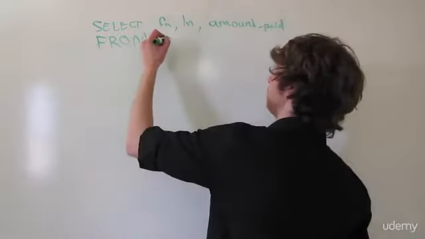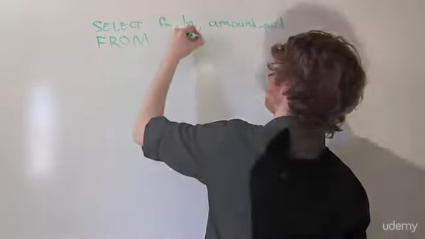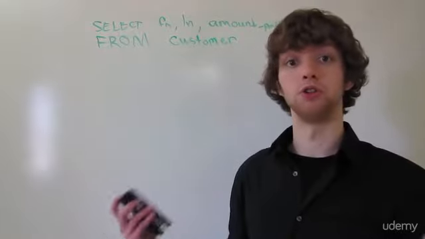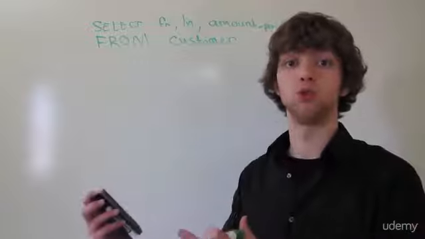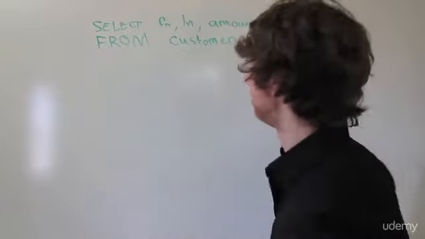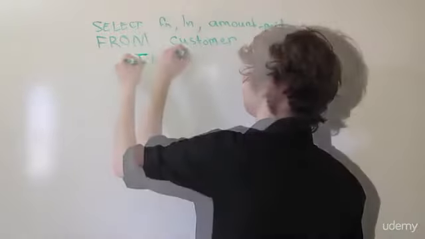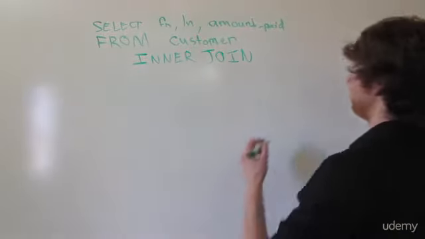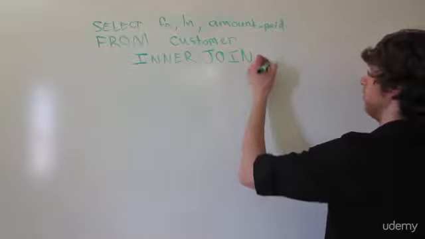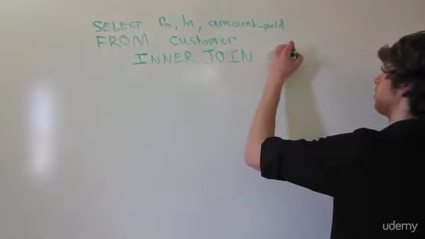So we're going to put from customer. And then you're going to do a join, and join the other table to the customer. So we're going to say inner join, and then you're going to say the other table, which was card.